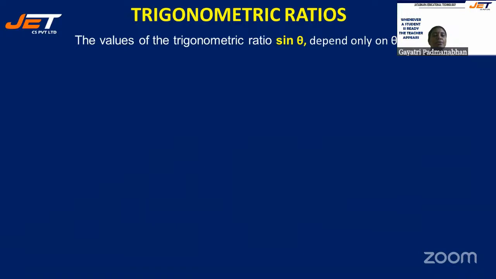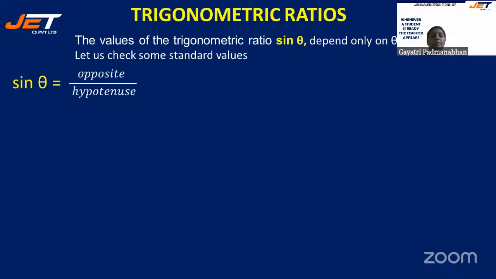Next, we are going to see the values of the trigonometric ratio sine theta. It depends only on theta. Let us check some standard values. Sine theta is opposite side by hypotenuse. Sine 0 degree is 0.